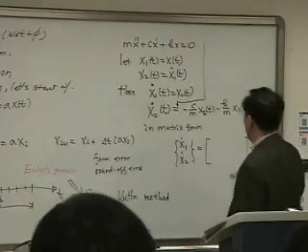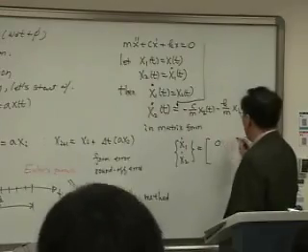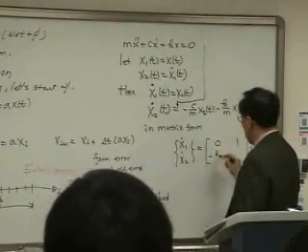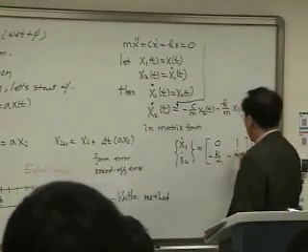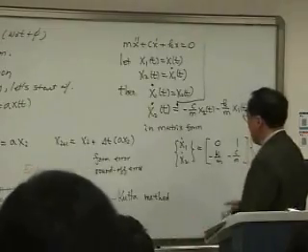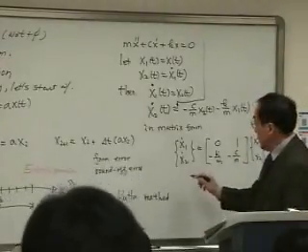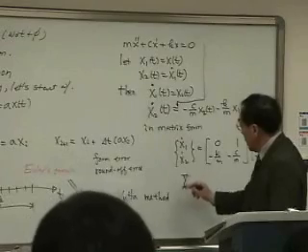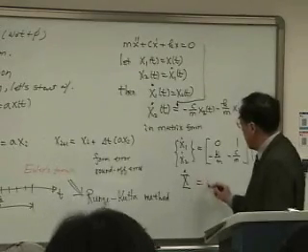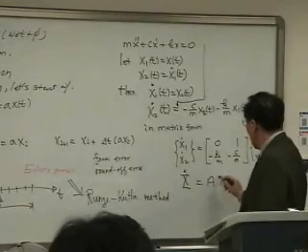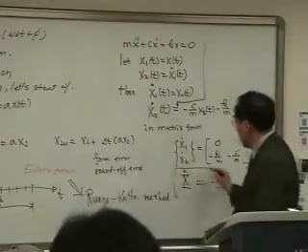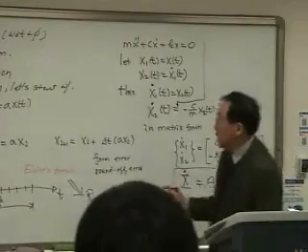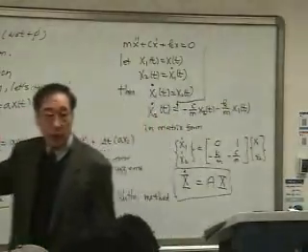This matrix will be 0, 1, and minus k over m, minus c over m. And this is the x dot equals A x equation, the same as what we handled over here.